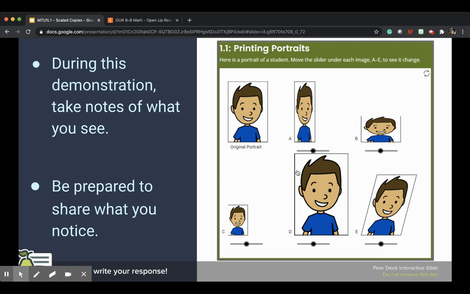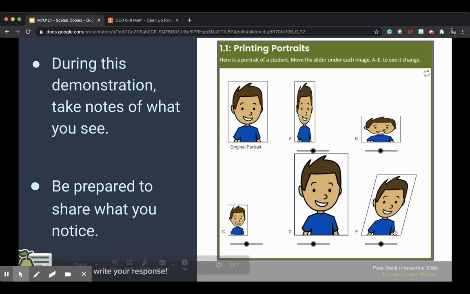Portrait A is stretched vertically, so the vertical side is now much longer than the horizontal side. Portrait B is stretched out sideways, so the horizontal sides are now longer than the vertical. And in E, it seems to have its upper left and lower right corner stretched. So it's kind of being stretched diagonally in opposite directions.